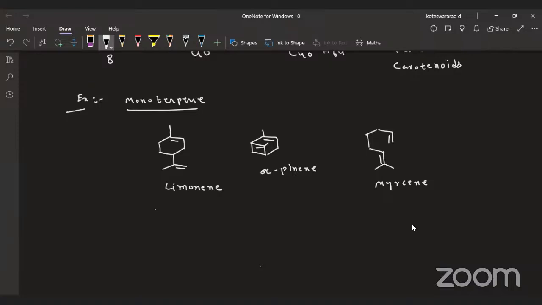Coming to terpenoids, monoterpenoids. Whenever we add some oxygen function to the above terpenes, it is converted into a terpenoid.